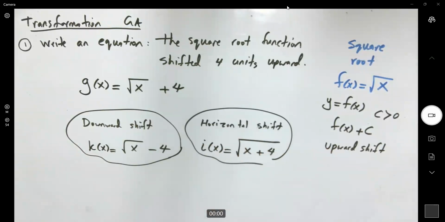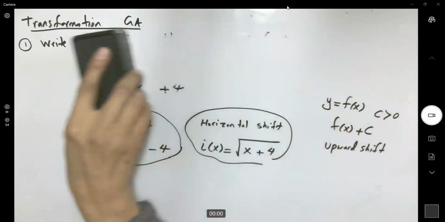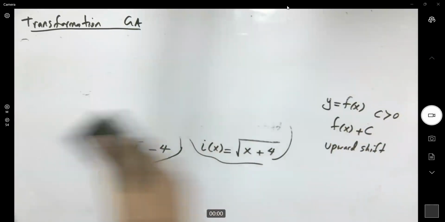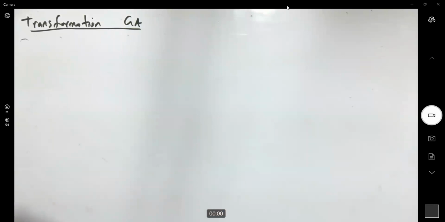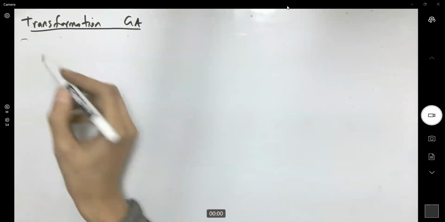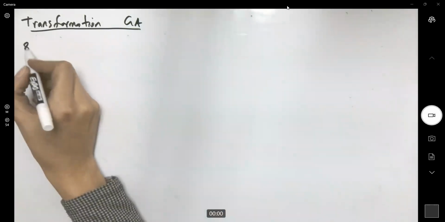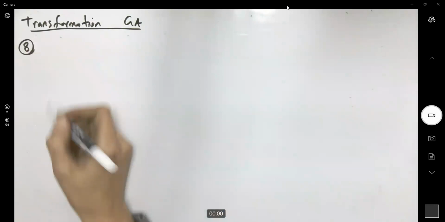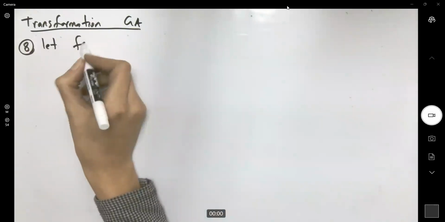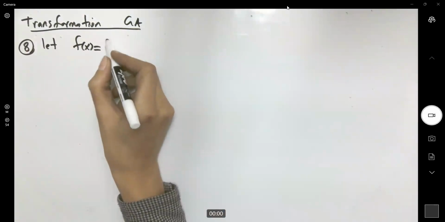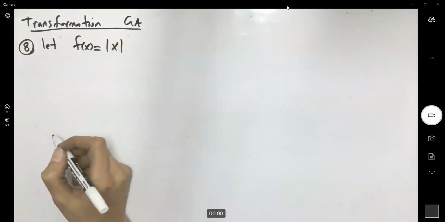The next one that we're interested in is question 8. Question 8 says, apply the following shifts. Let f of x be absolute value of x.